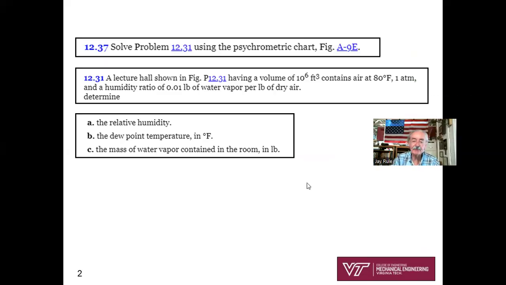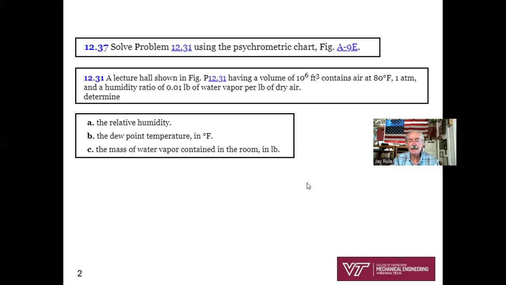A good purpose of this problem is to show you how quickly you can solve a basic atmospheric air problem if you know how to use the psychrometric chart, far faster than if you have to go back to fundamental principles and use the steam tables to look up properties and do a lot of detailed calculations. So if you get good at being able to read the psychrometric chart, that can benefit you, especially if you're simply assigned to use the psychrometric chart.